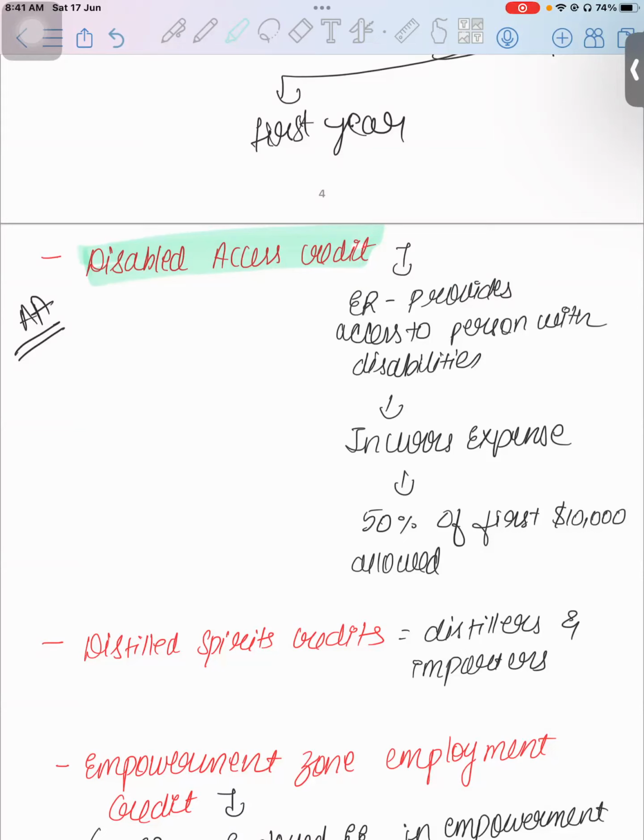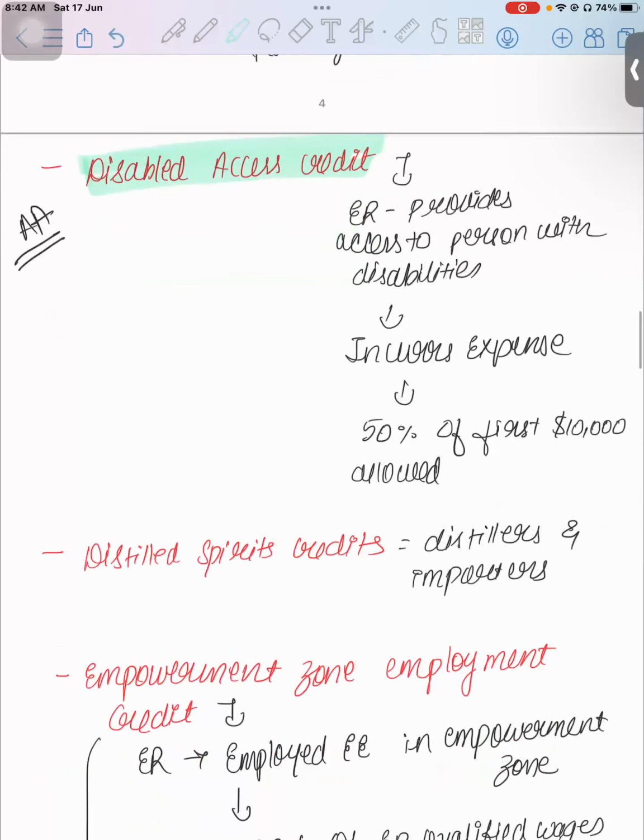Let's say that particular person is handicapped. So there are some renovations made in the organization which will help him to move from one place to another, right? So that expense which is incurred by the employer and which is benefiting the disabled person, like it's facilitating him in the day-to-day working, right?